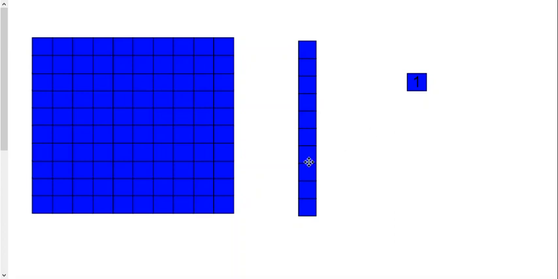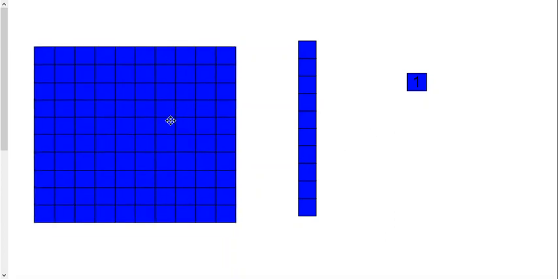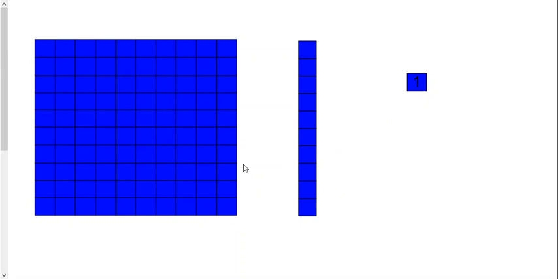We could represent a larger place value by taking 10 of these large flat pieces and putting them together into a great big long piece that would be as wide as this but 10 times longer, and that would represent the next place value, which would be thousands, and those could be put into a larger square piece that would be 10,000s, and we could keep going on and on up into the millions and billions and these enormous place values, and we could keep going on forever potentially, and it would never have to end as long as every place value is 10 times greater than the one immediately to its right, or 10 times smaller than the one to its left.